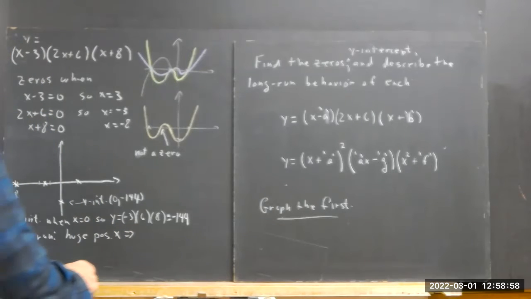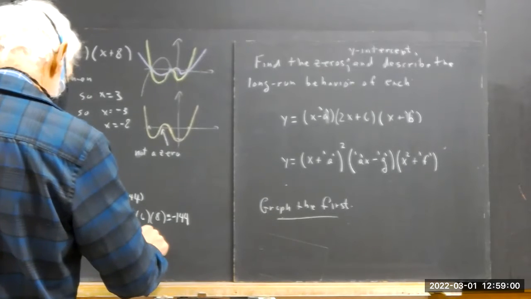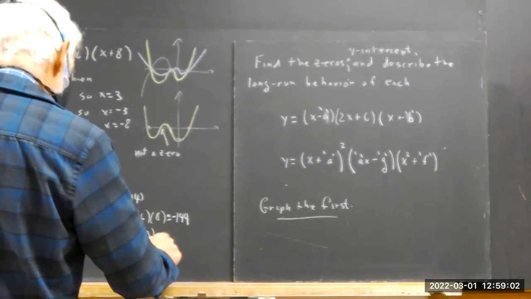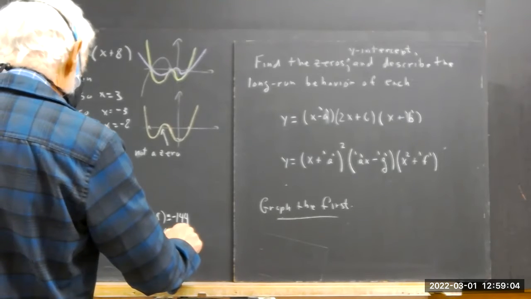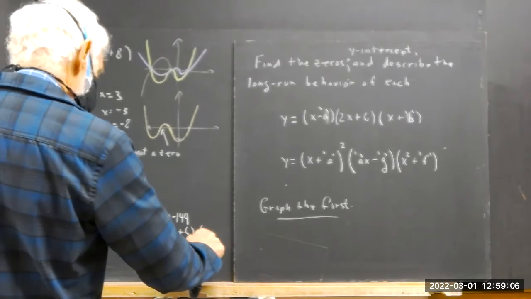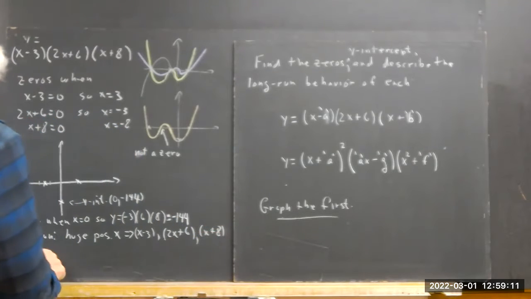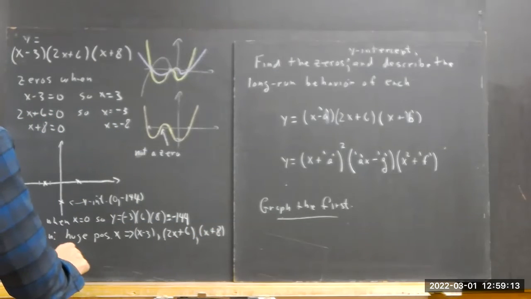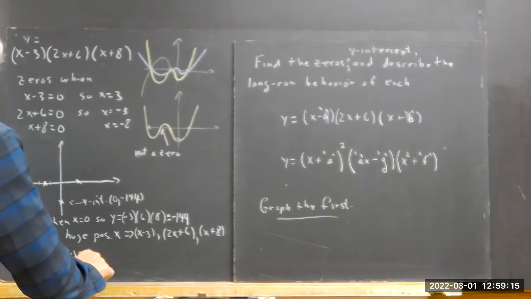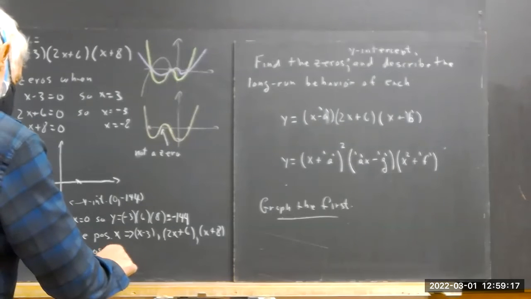A huge positive x implies that x minus 3 and 2x plus 6 and x plus 8 are all huge positive numbers.